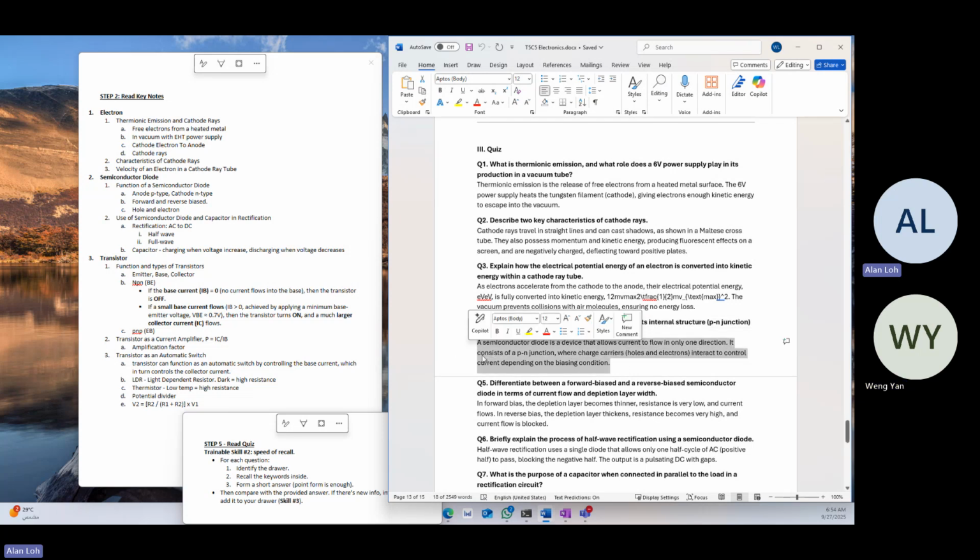Okay. Number 5. Number 4. Answer. The p-n junction, holes and electrons, is in conduction. Okay. All right. Number 5.